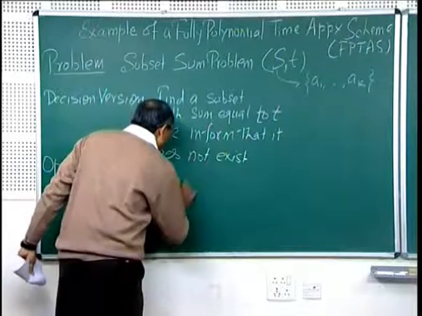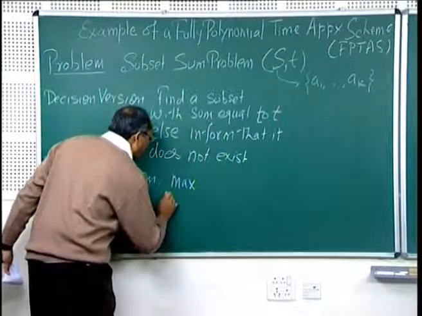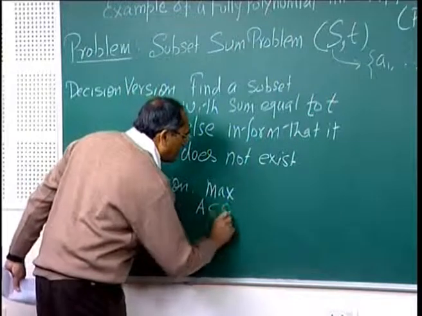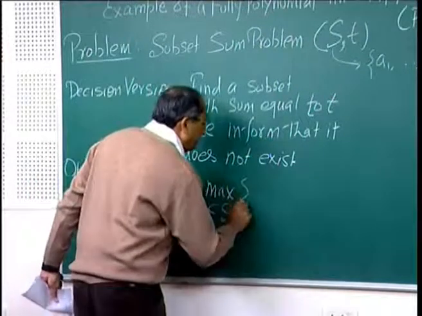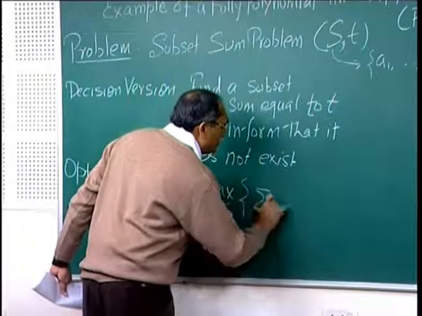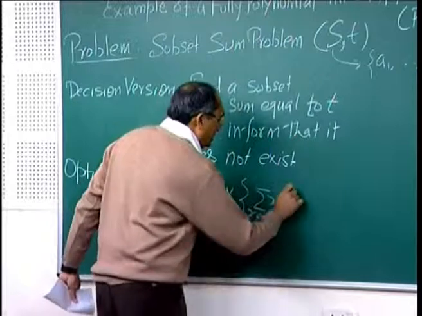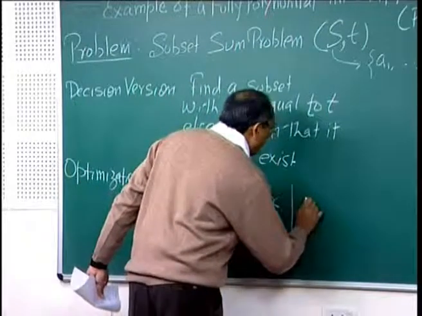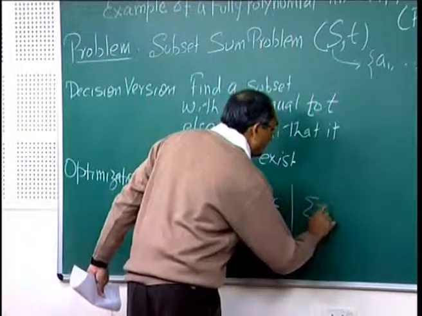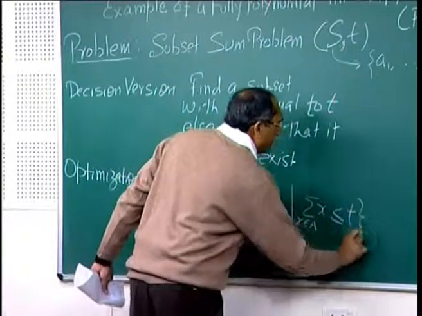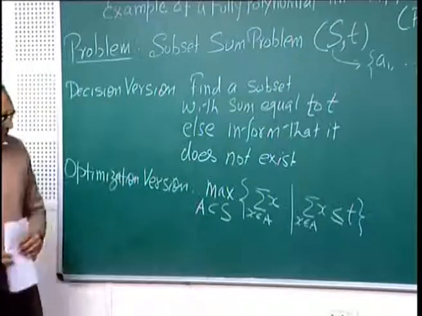So, we want to maximize the sum of x over x in A, over subsets A of S, subject to the fact that this sum is less than or equal to t. So, this is the objective.